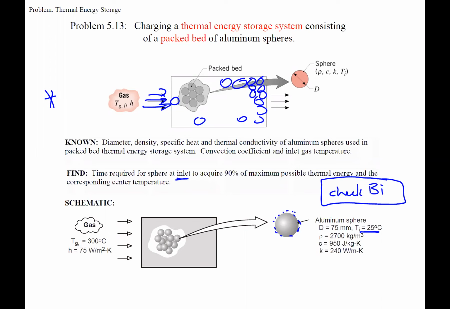Is there a surface heat flux that we're applying to the sphere? What type of heat transfer is happening on the sphere? Convection. We have this hot gas that's going over it, right? So we have convection. All right, so we have convection, and we're going to neglect generation and heat flux, and we don't have an applied surface heat flux. That's where we're putting a heater on it directly, okay? And we're going to neglect radiation, okay?